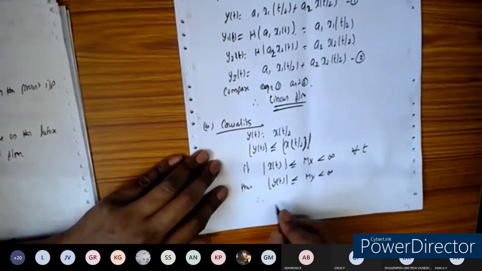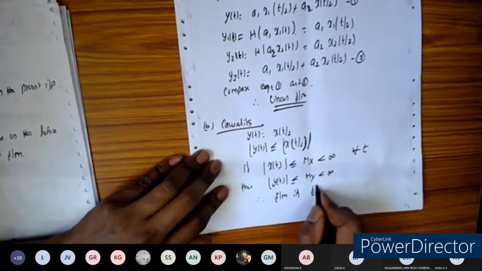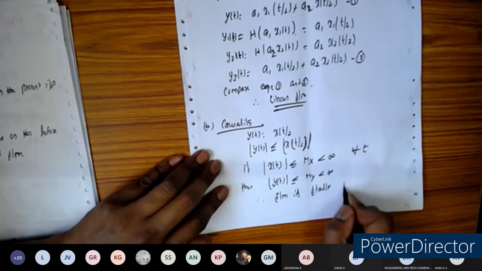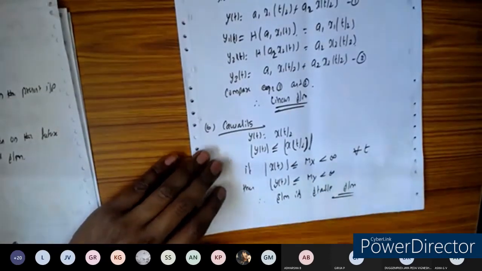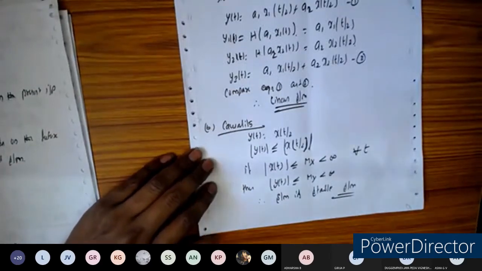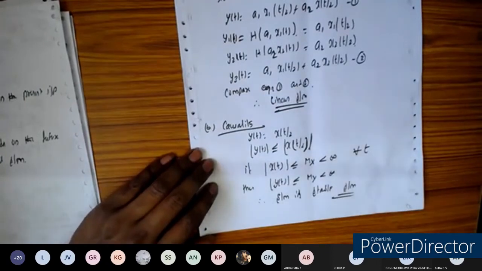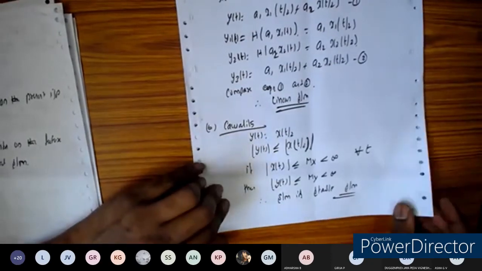Therefore the system is a stable system. So this is a stable system we get here.